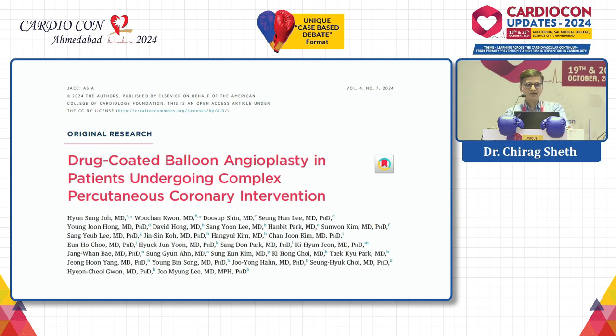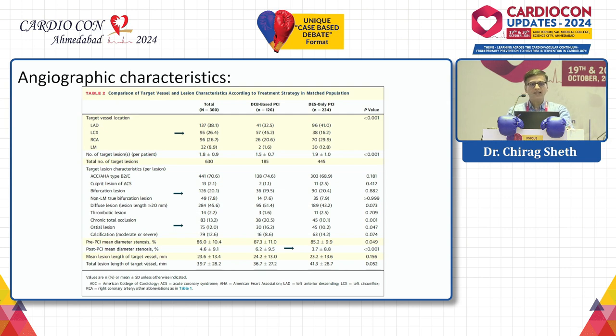But if you look at recent data published by the Korean group, wherein complex bifurcation and complex PCI patients underwent drug-coated balloon angioplasty, and they compared with a large propensity-matched cohort of patients undergoing drug-eluting stent angioplasty, it shows that 26% of patients had left circumflex lesion, 20% had bifurcation lesion, 12% were ostial lesions.